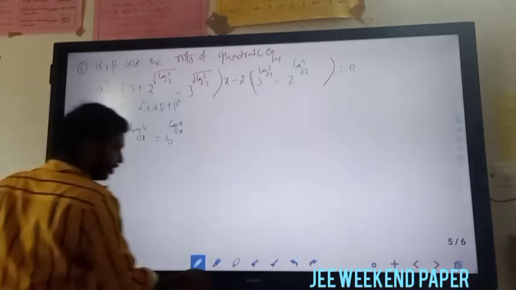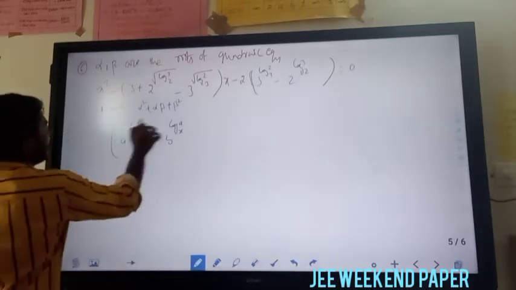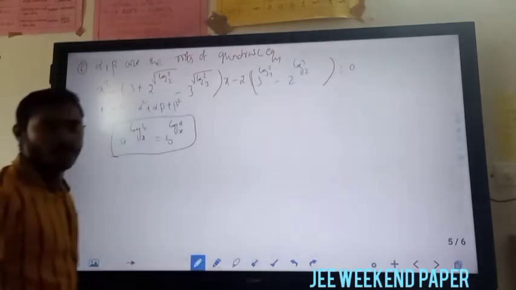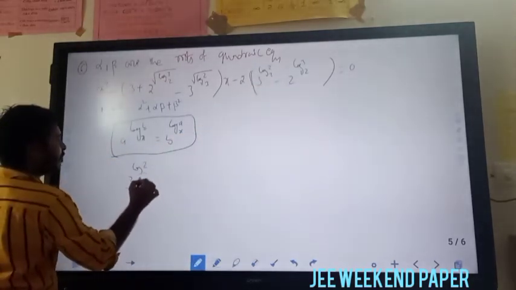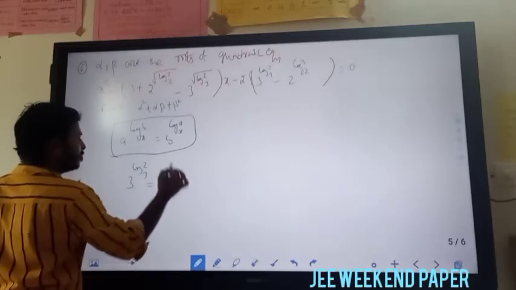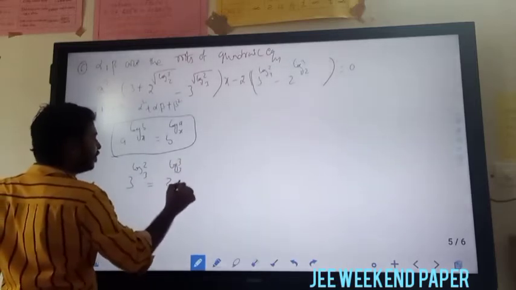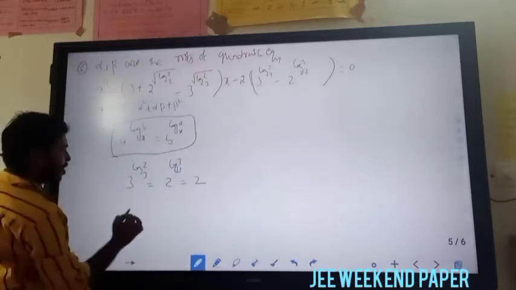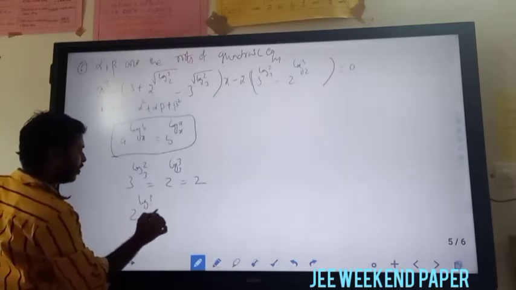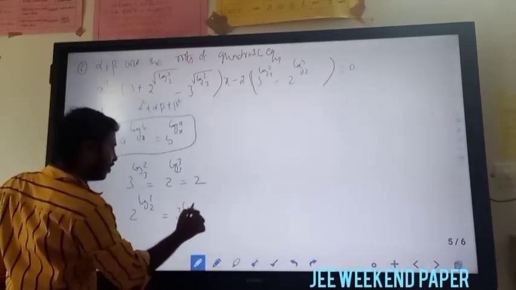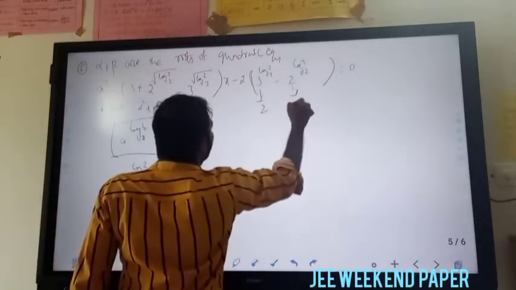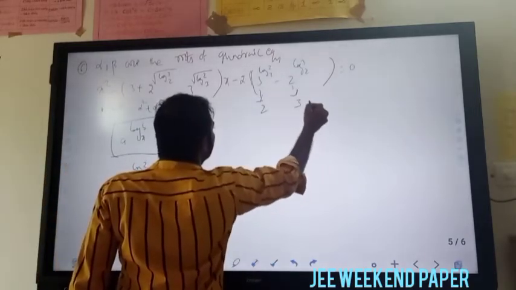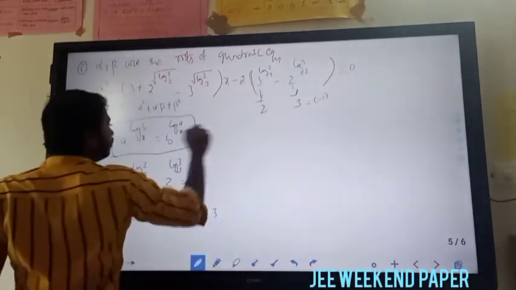So we have a small mistake. Which is our required formula? Now guys, look at that: 3 power log 2 base 3 can be written as 2 power log 3 base 3, so it is 2, and the next one is 2 power log 3 base 2, and 3 power log 2 base 2, we get 3. So the value is 2, and the other value is 3. So 2 minus 3 is equal to minus 1.